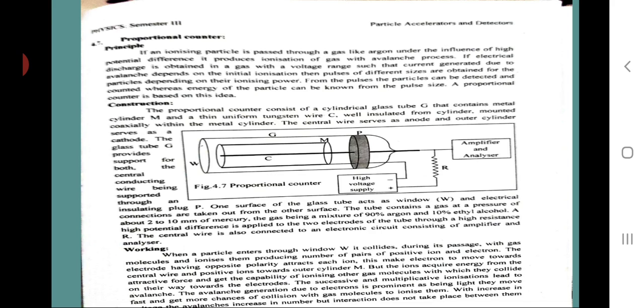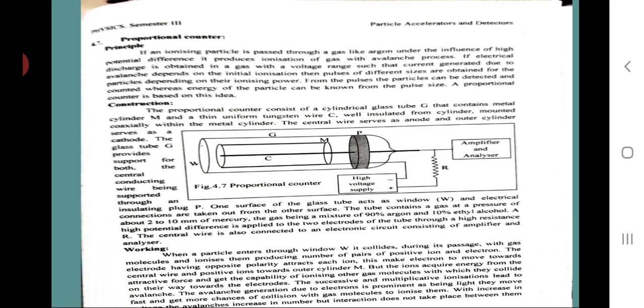Now, the proportional counter. This is the tube proportional counter. The proportional counter consists of a cylindrical glass tube G that contains a metal cylinder M and a thin uniform tungsten wire C mounted coaxially within the metal cylinder.